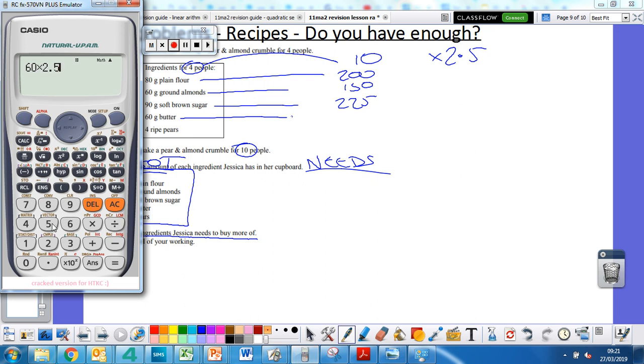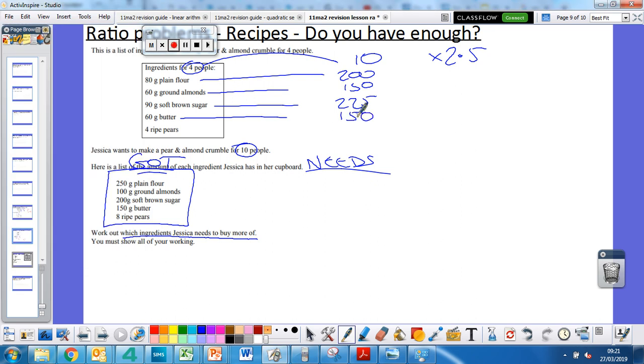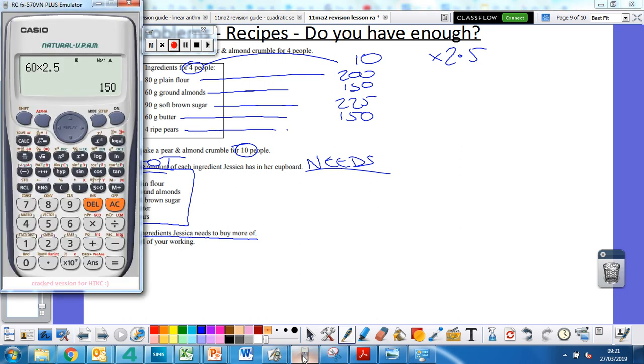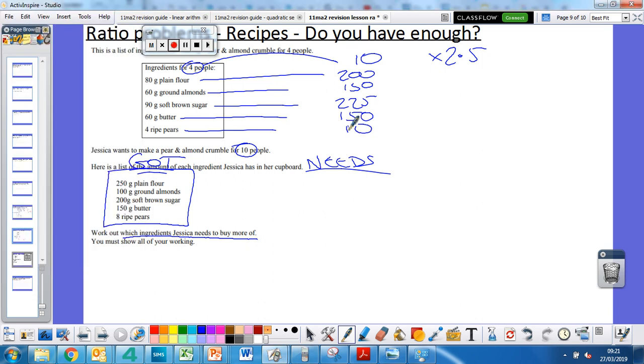We need 150 grams of butter. That's what we need. Then we've got 4 ripe pears. The 4 ripe pears for our recipe for 4 times 2.5 tells us that we need 10. So like the first problem, we've scaled up the recipe to find out how to make it for 10 people.